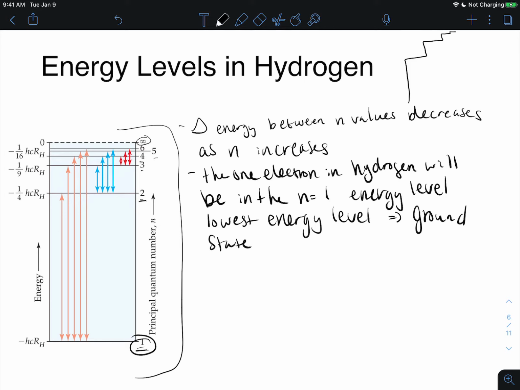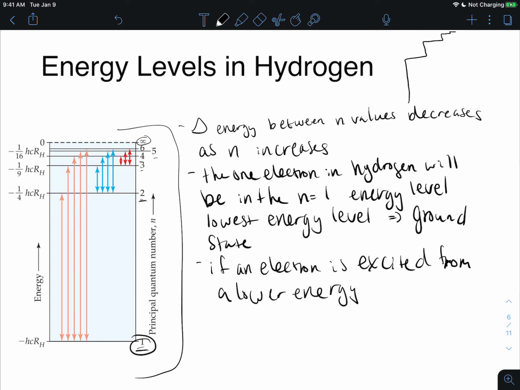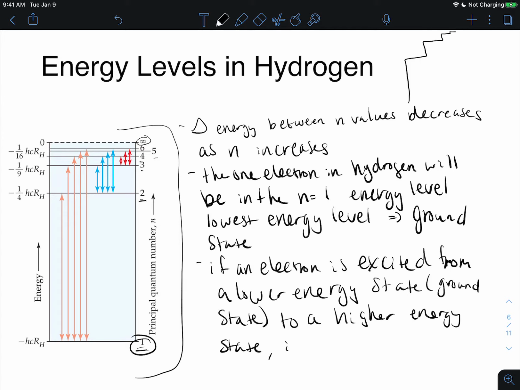Okay? Anytime we move an electron from a lower energy state to a higher energy state, we say that that electron is now in an excited state. So if an electron is excited from a lower energy state, our ground state, to a higher energy state, it is now in an excited state.